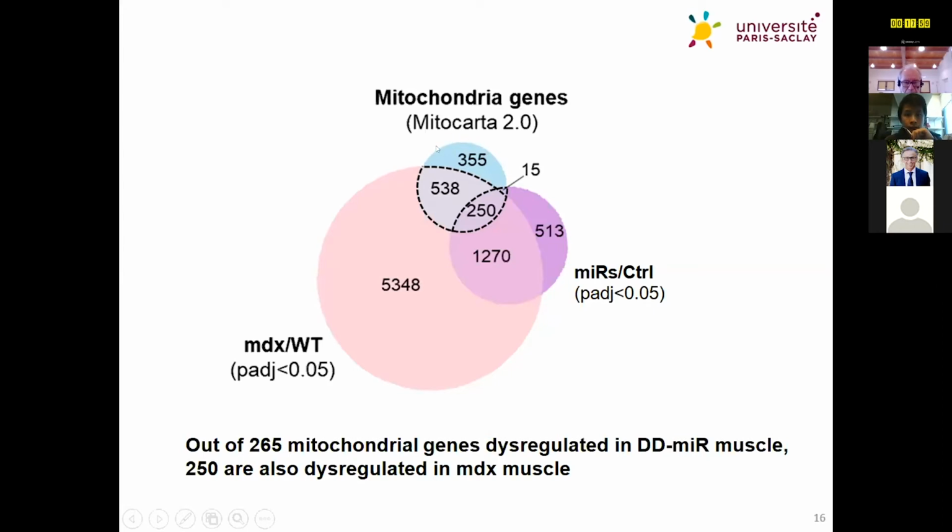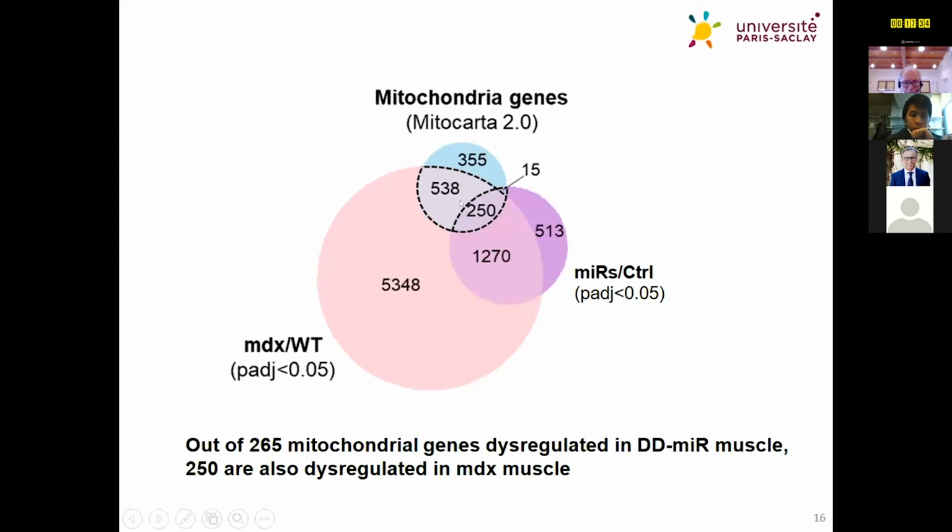So here is a list of more than 1,000 mitochondria genes taken from the mitochondria database. And you can see all the mitochondria genes that are dysregulated in the mdx, and here are all the mitochondria genes that are dysregulated in the DD-miRNA overexpressed muscle. Just focus on this part.